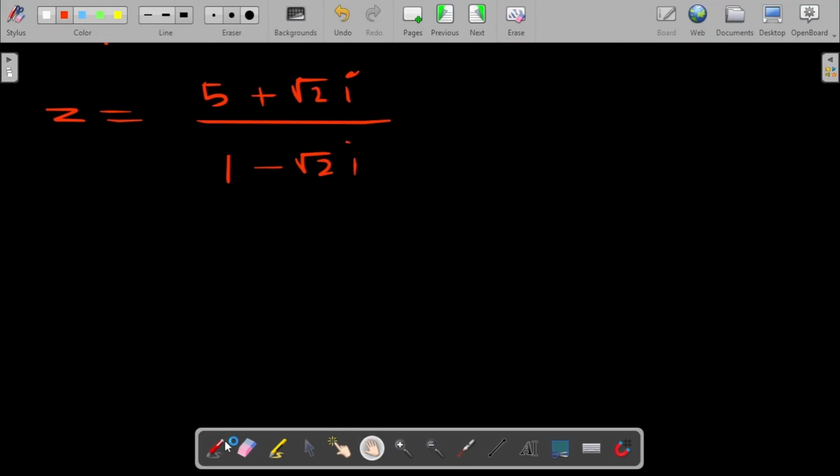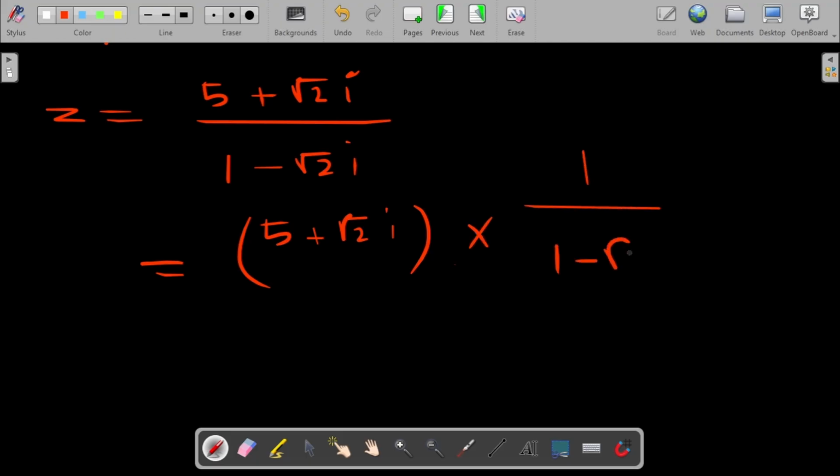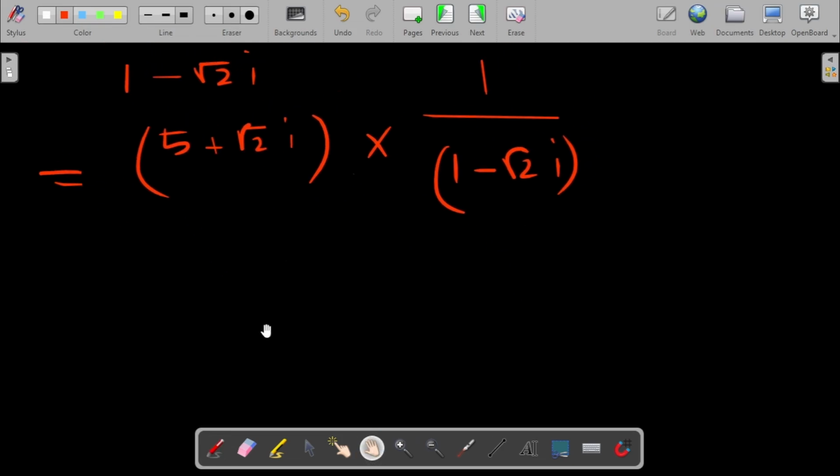So this can be written as 5 plus square root of 2i divided by 1 minus square root of 2i. Now I multiply it by the conjugate of this.